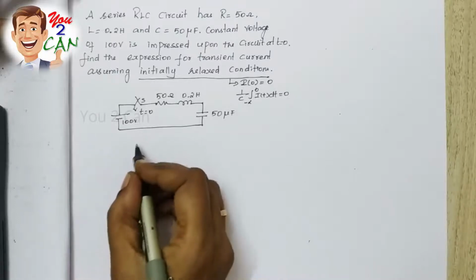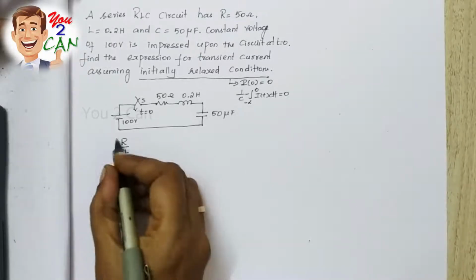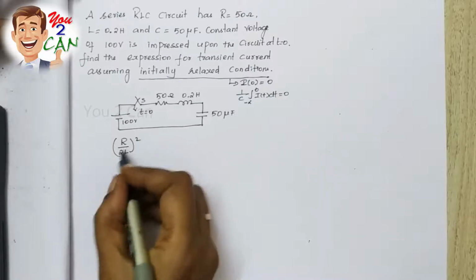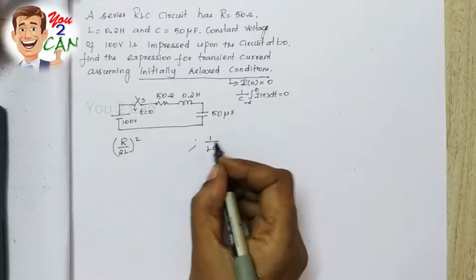For that you have to find the values of (R by 2L) the whole squared and 1 by LC. You have to remember this formula.